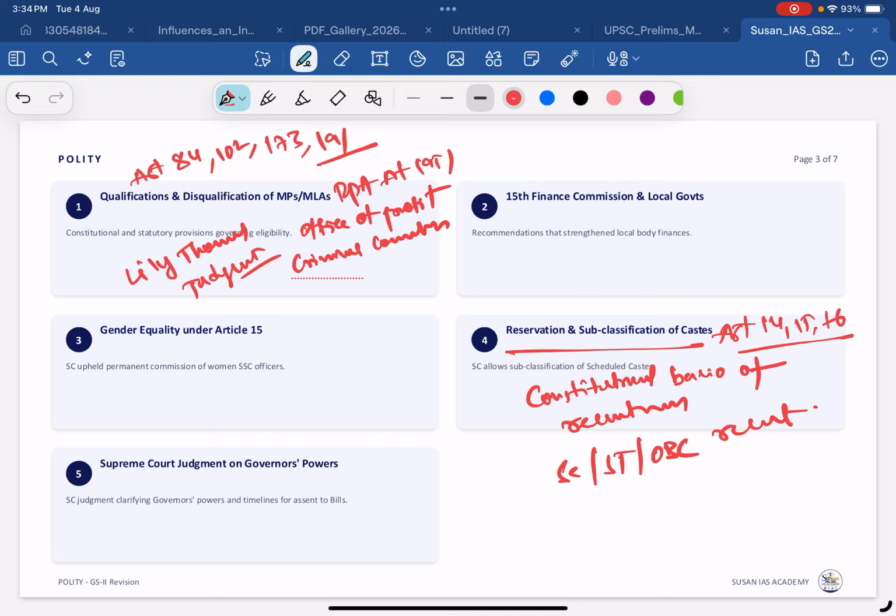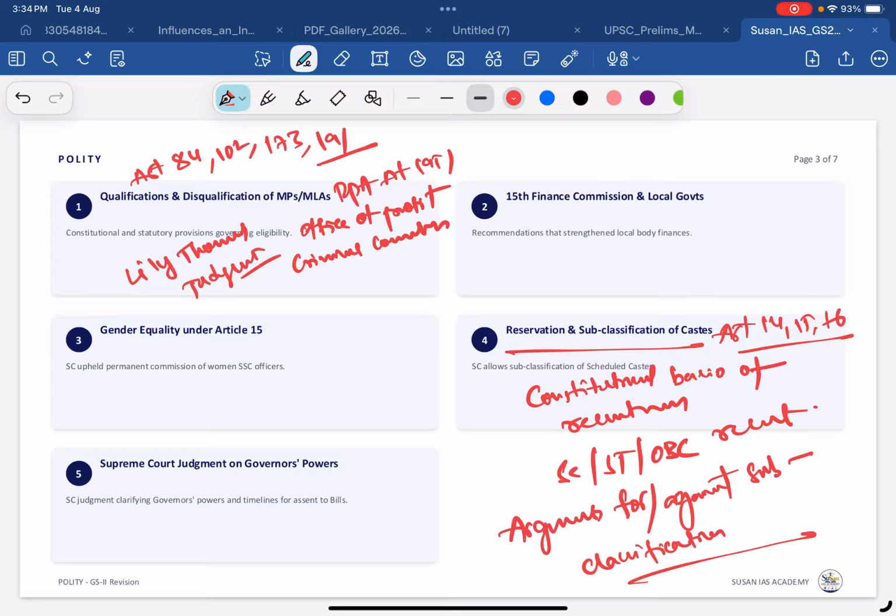And the creamy layer debate, and recent Supreme Court judgments, and arguments for and arguments against subclassification, right? So you can cover all these dimensions in reservation policies.